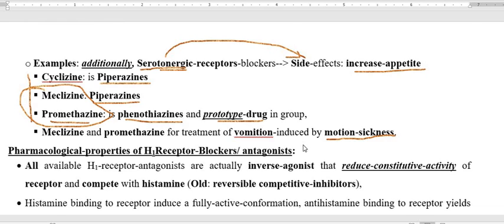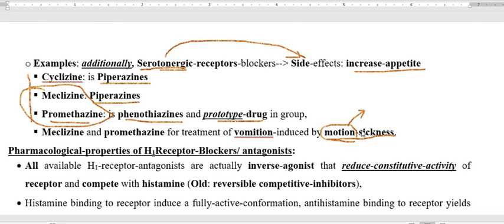The emesis is produced because of motion, meaning when a patient is moving or traveling in a vehicle, they experience vomiting, and therefore for the treatment of that we use drugs like meclizine and promethazine.